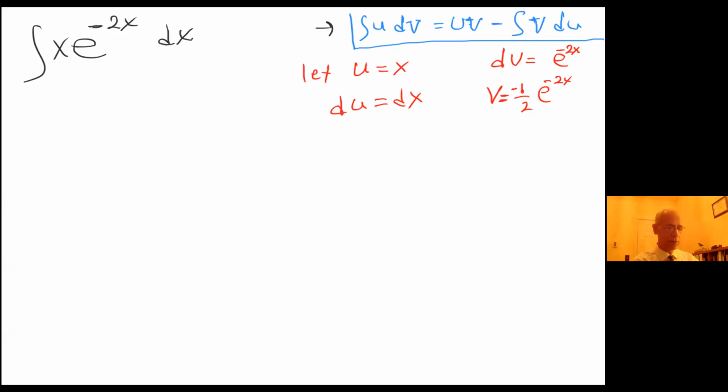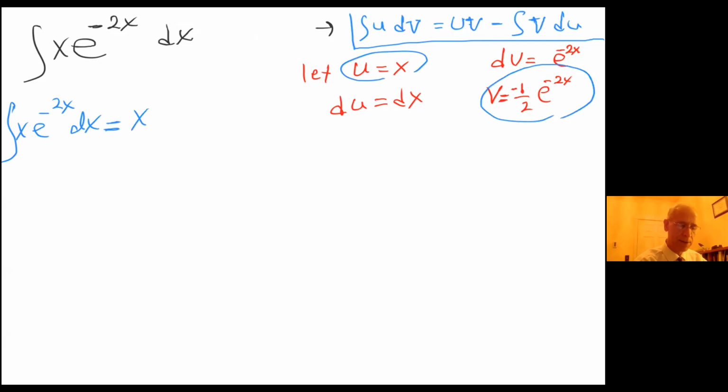Okay, so now I can claim that integral of x e to the minus 2x dx equal, following the formula, u times v. So u, which is x, times v, which is -1/2 e to the minus 2x, and minus integral of v du.